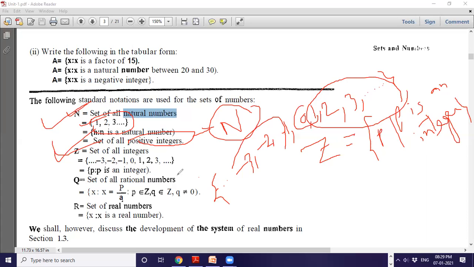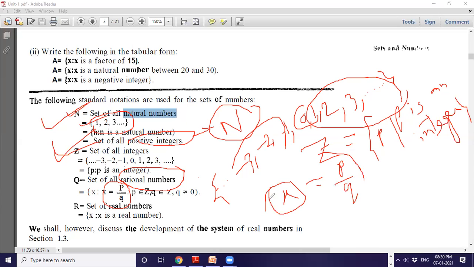The next thing is the set of rational numbers. So what is that? Rational numbers are those numbers which can be represented in the form, say, p by q, numerator divided by denominator. Let me show you here. If x is a rational number, then I will represent x as p by q.